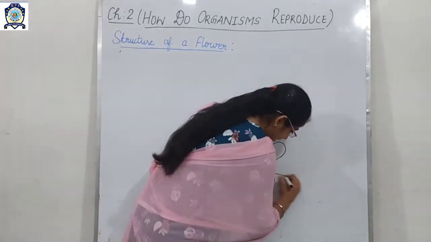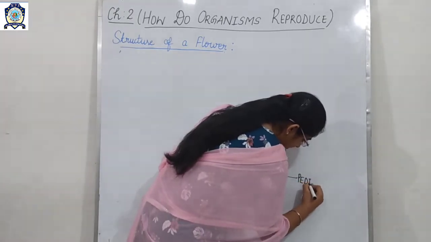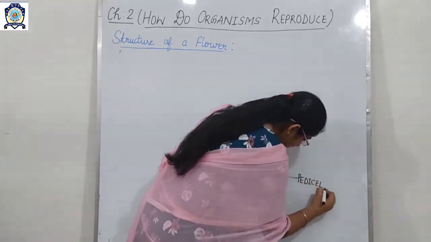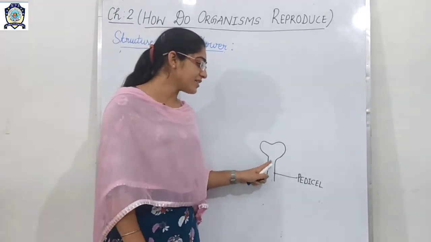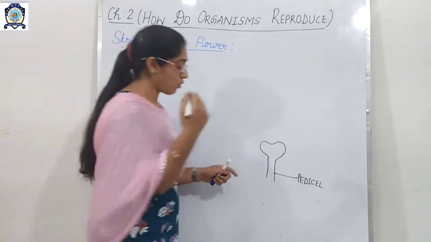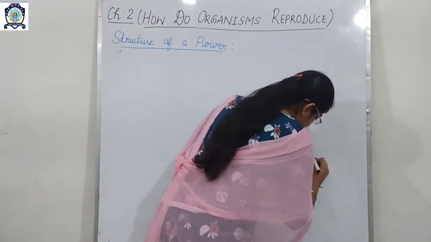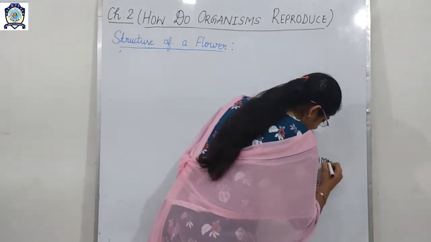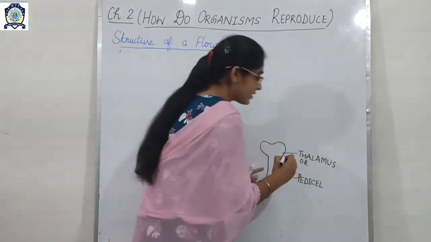Let's label it. This stalk is called the pedicel, and this swollen portion which arises from the stalk is called the thalamus, or another name, receptacle.